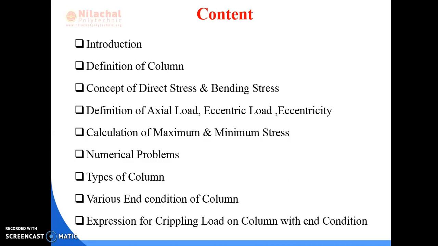These are the contents we have to follow for chapter number 6.